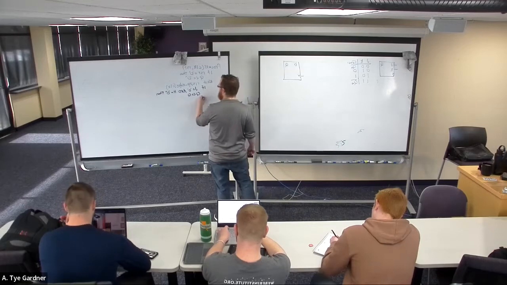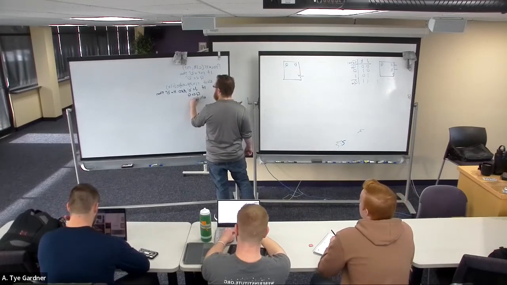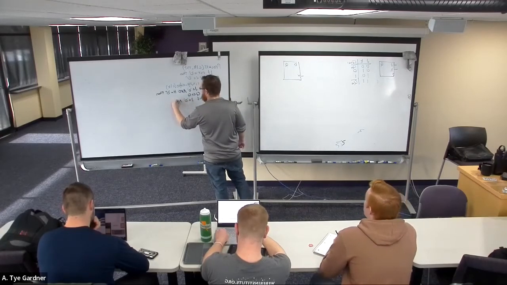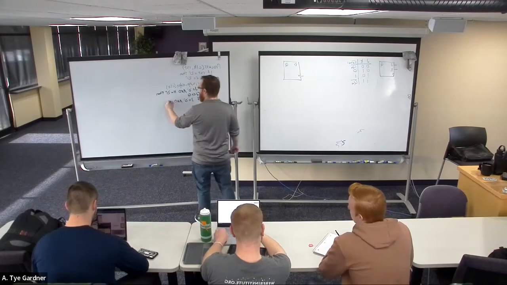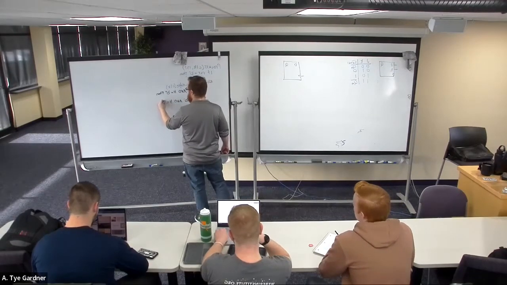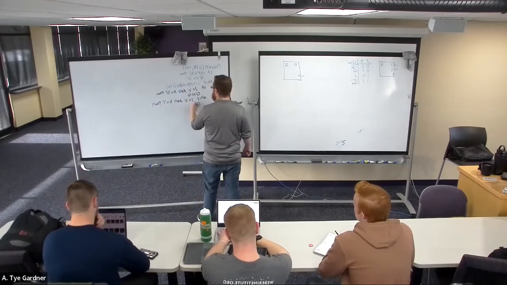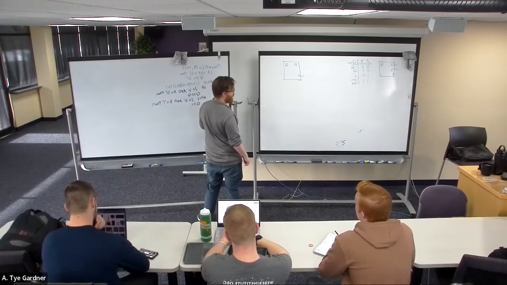Otherwise, J equals 0 and K equals 1. Then Q gets assigned to 0.